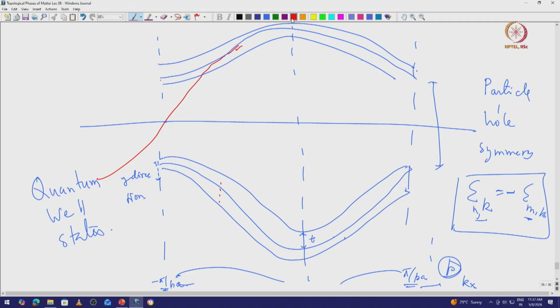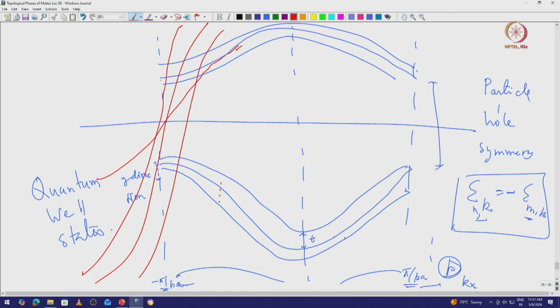So, there will be again another band from here to here. So, there will be such, and so on. So, p number of edge states.